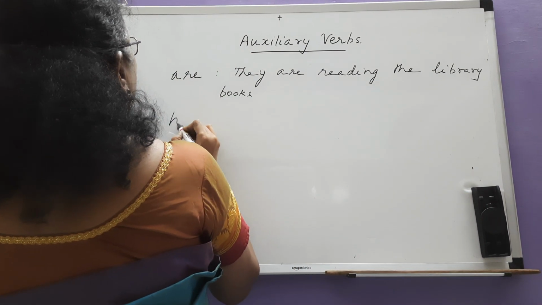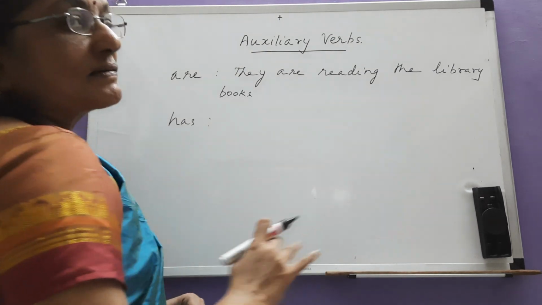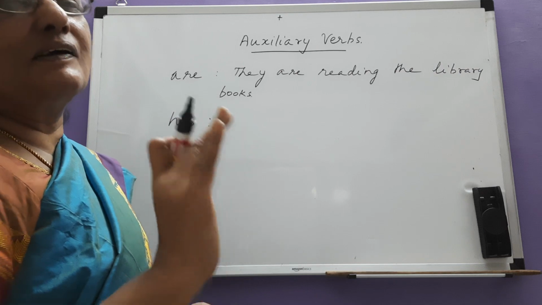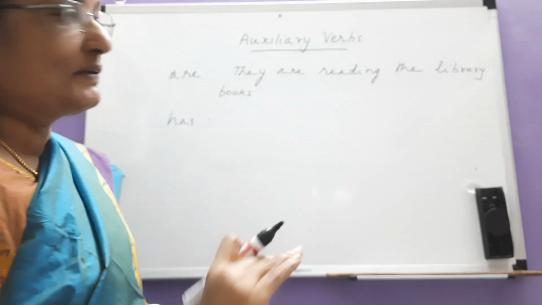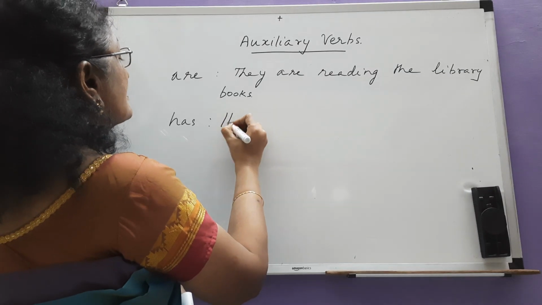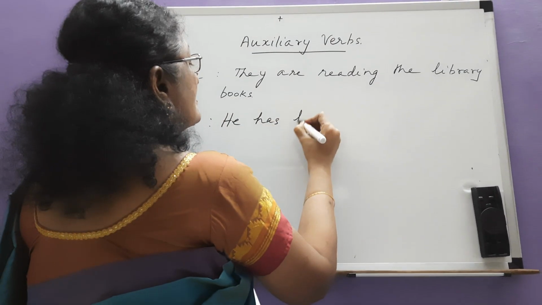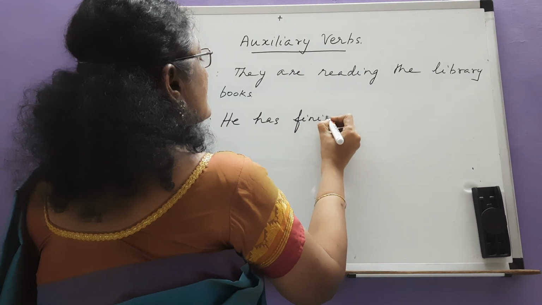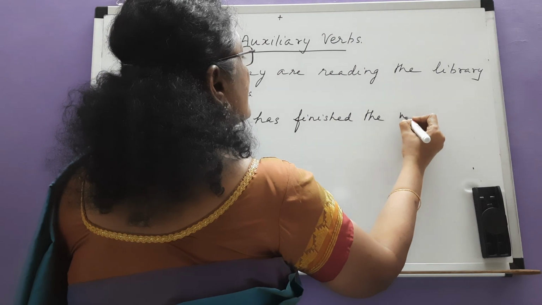Let us take the auxiliary verb has. So it goes without saying that in perfect tense, definitely this has will play the role of auxiliary verb. He has finished the work.